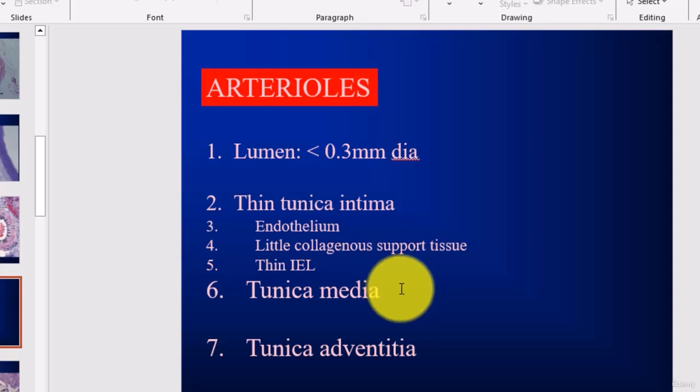Arterioles: lumen less than 0.3 millimeter in diameter, thin tunica intima, endothelium, little collagenous support tissue, thin internal elastic lamina, tunica media, tunica adventitia.